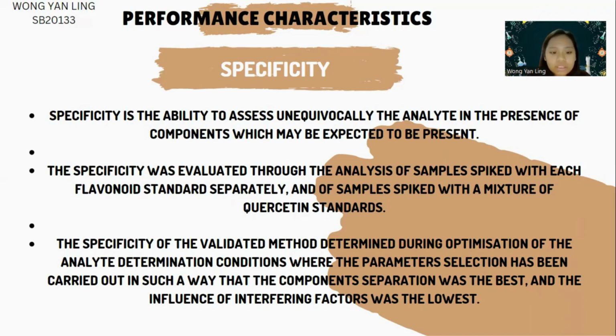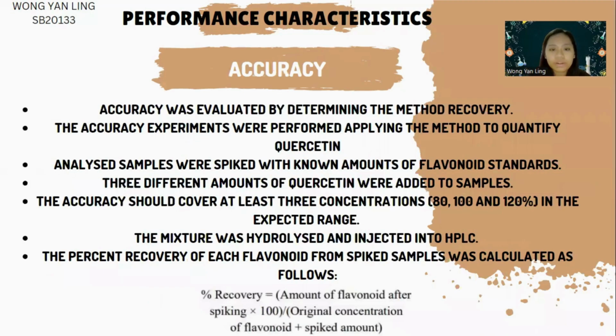The specificity of the validated method was determined during the optimization of the analyte determination conditions, where the parameter selection was carried out in such a way that the component separation was the best and the influence of the interference factor was the lowest.